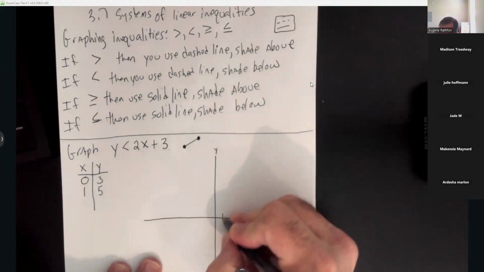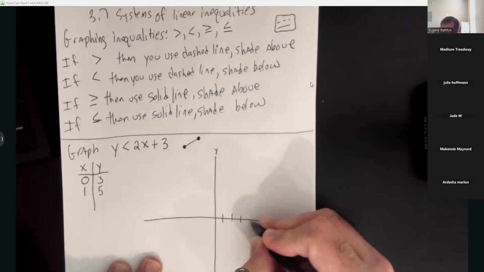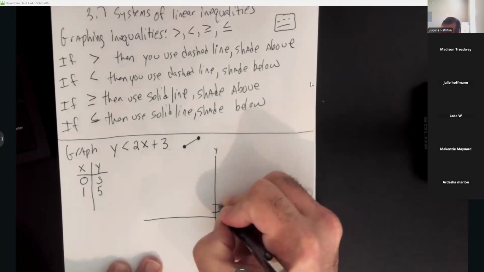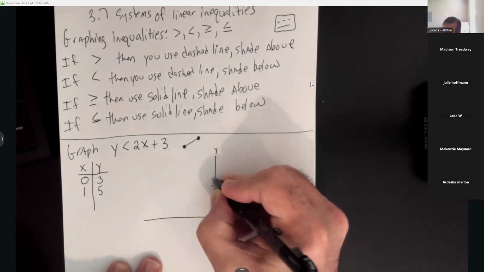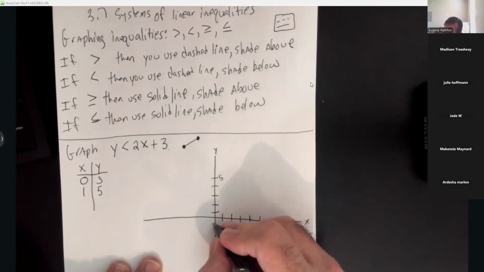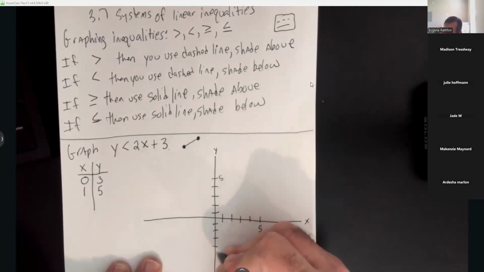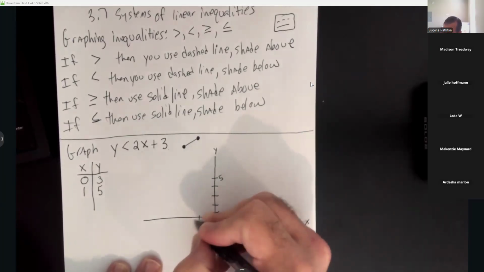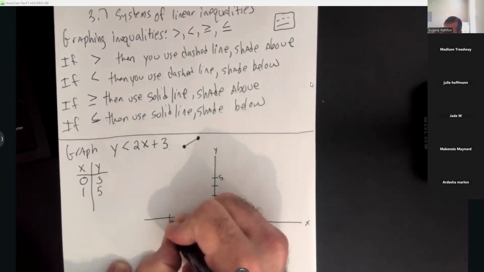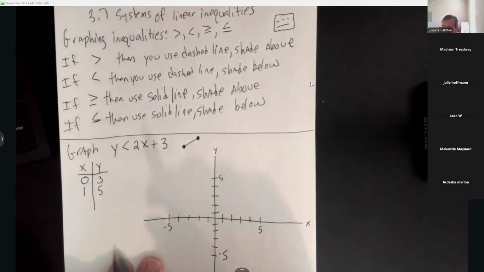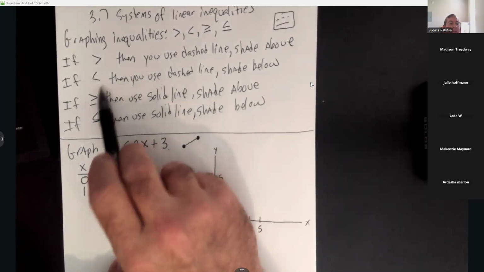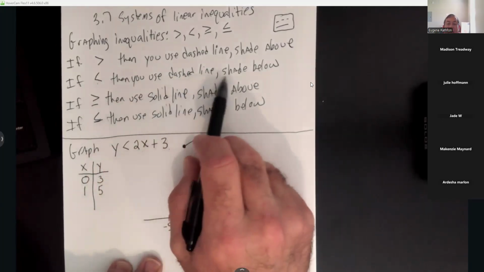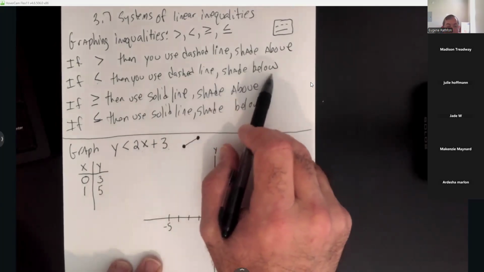All right, so I'm just going to make it sort of small here. 1, 2, 3, 4, 5, and 1, 2, 3, 4, 5, that'd be -5 and then -5 to the left. All right, this is less than. It tells me right here if it's less than, I'm going to use a dashed line and I'm going to shade below the line.